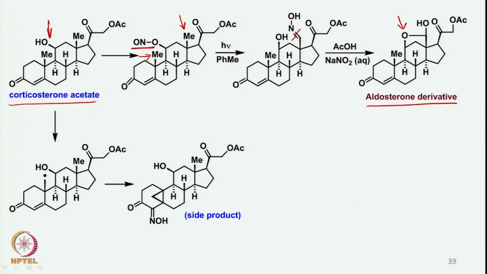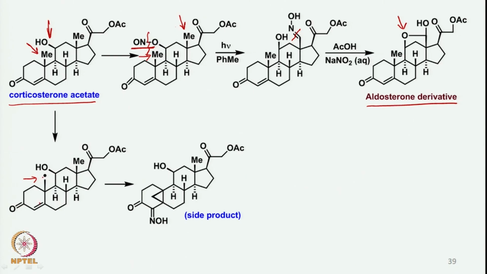On the other hand, this particular oxygen radical, which is formed from the cleavage of this oxygen nitrogen bond, can abstract hydrogen from this particular methyl group, leading to radical formation on this methyl carbon.